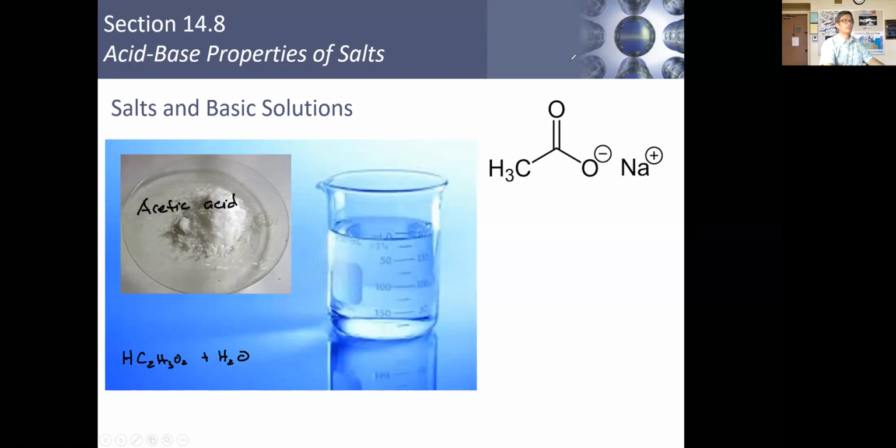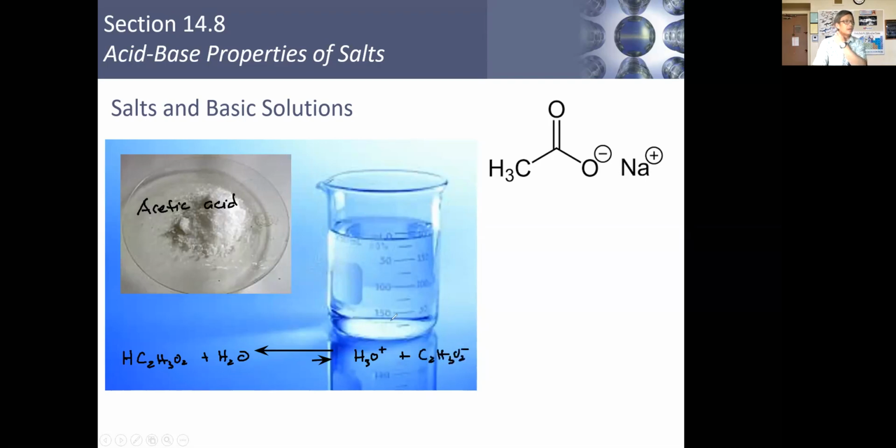Since it's a weak acid, the equilibrium is going to favor the left-hand side of things. But what we see happening is that hydronium ion will form, H3O plus, and the acetate ion, C2H3O2 minus.